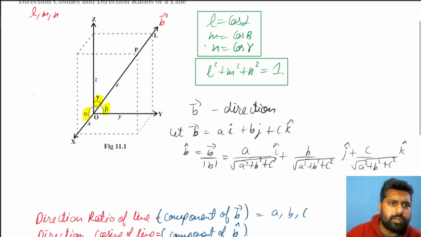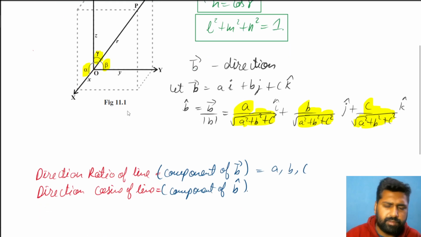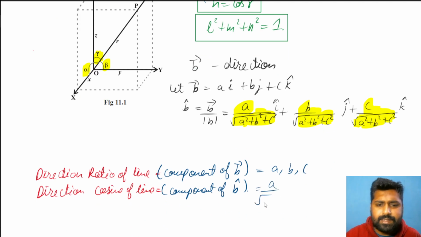So these components, though it's looking complicated, are the direction cosines. If you try to learn this, it's your call; I'm not saying you cannot learn it. It's just that you should learn it like this: they are the components of the b cap vector, meaning you generate a b cap vector, and then its components are called direction cosines.